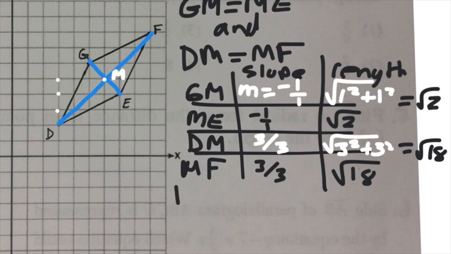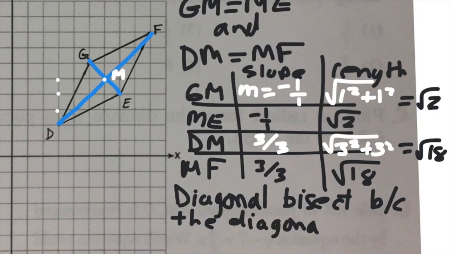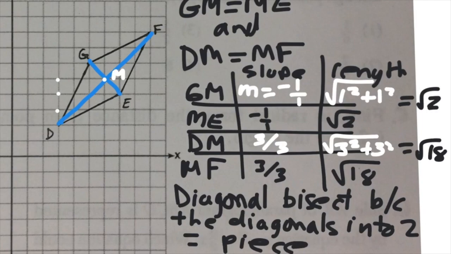So we know that the diagonals bisect because the diagonals are split evenly, or into two equal pieces. That's a really nice complete answer there.